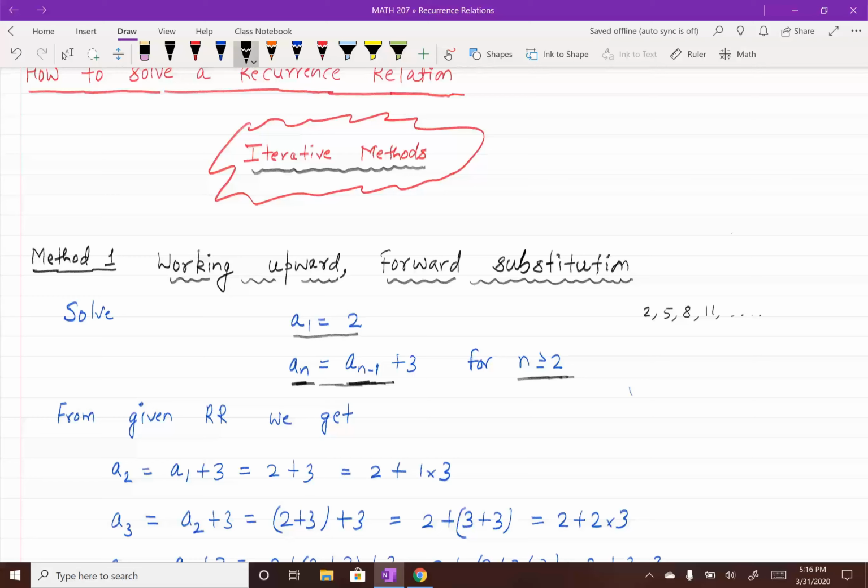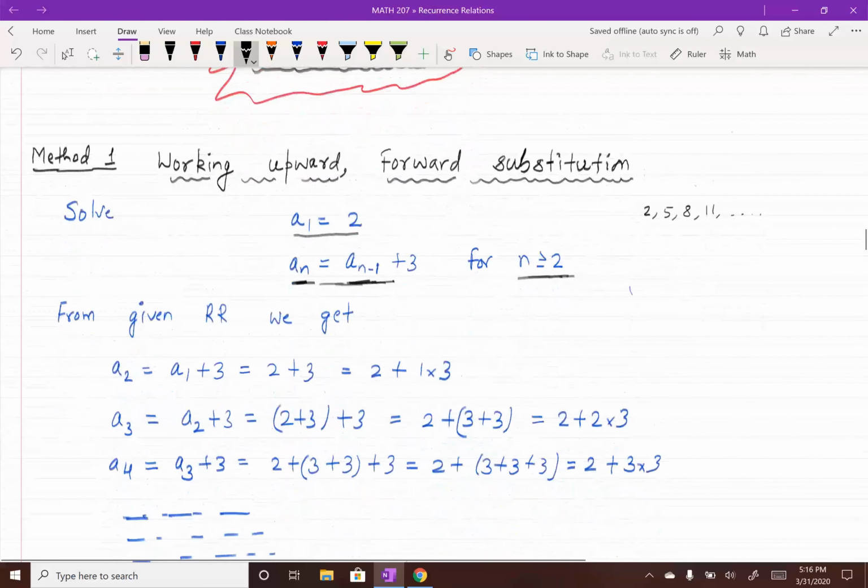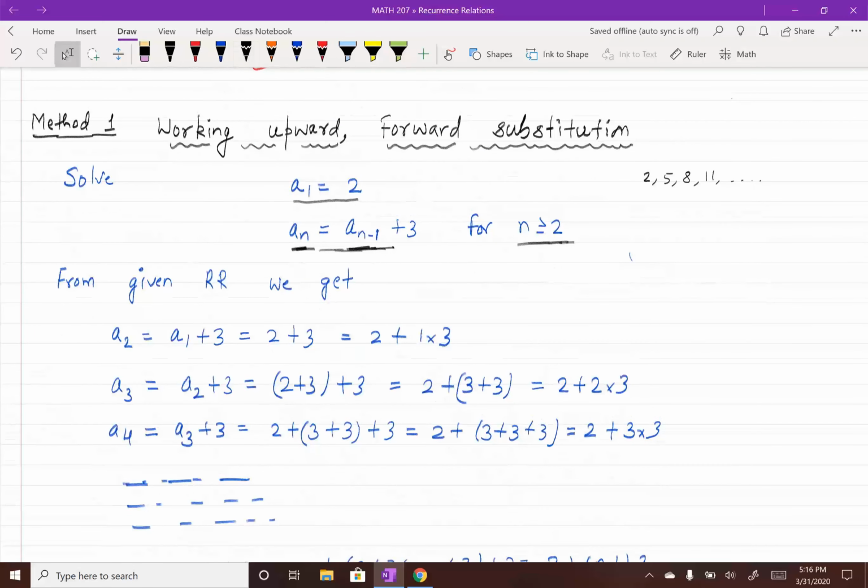In the technique of working upward and doing forward substitution, you start from your first term a1. Because you are working upward, after a1 you generate a2, and a2 is equal to a1 plus 3 based on this recurrence relation, which is 2 plus 3, and you can represent that as 2 plus 1 times 3.